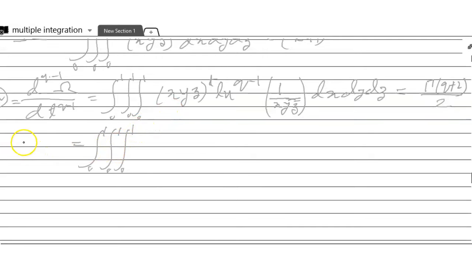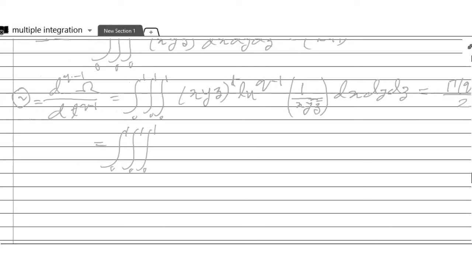So friends, again I will differentiate with respect to q. So d capital theta divided by dq equals xyz whole to the power t, ln q minus 1 of 1 by xyz, into ln of 1 by xyz.